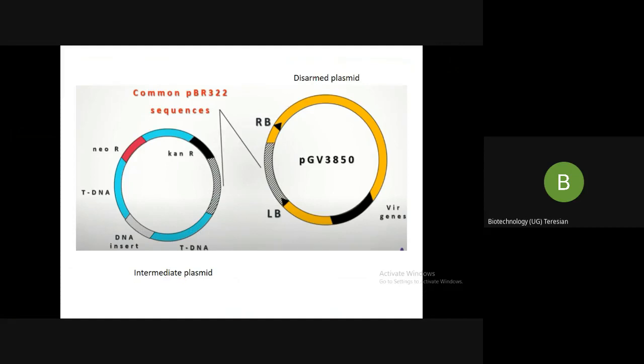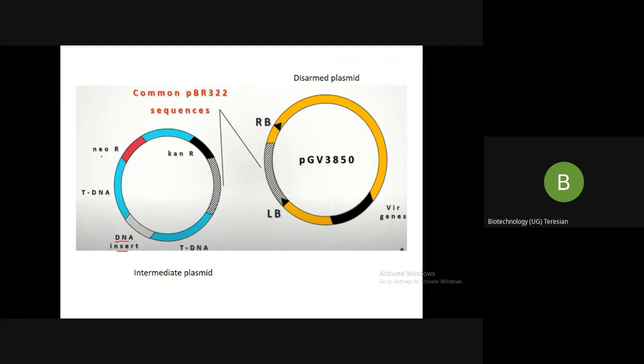If you look at the disarmed plasmid, we have the right border, the left border, okay, these are the borders, and the Vir genes. In the intermediate plasmid, we have the DNA insert, that is our gene of interest, which we want to insert, and then we have the tDNA, that is the transfer DNA.